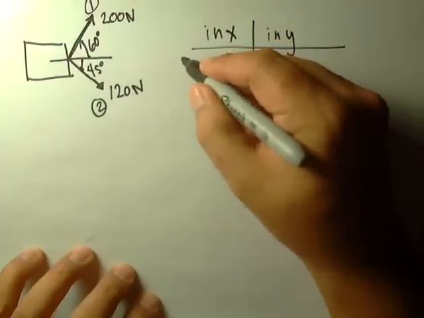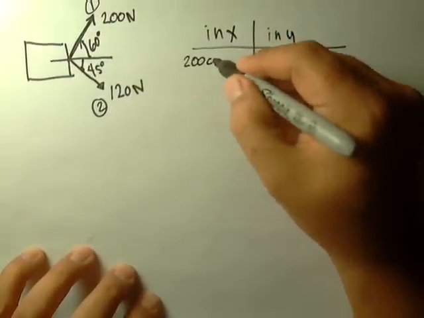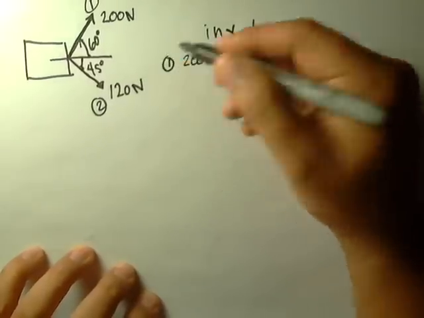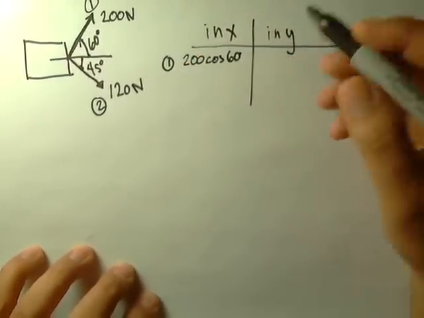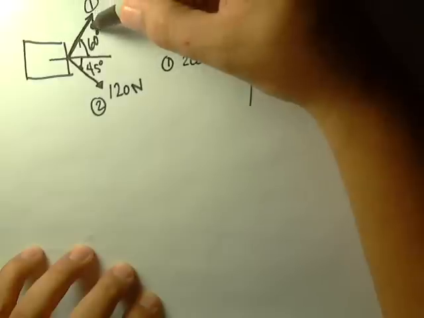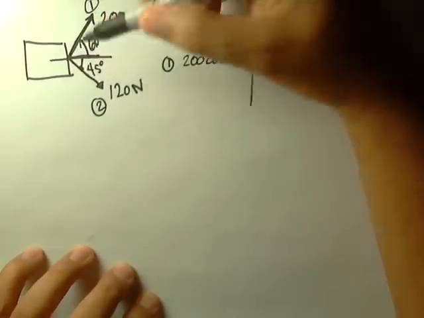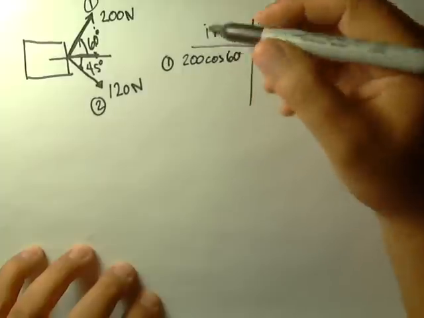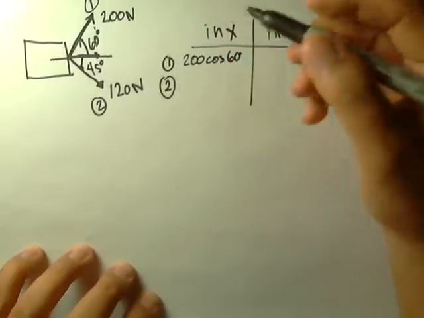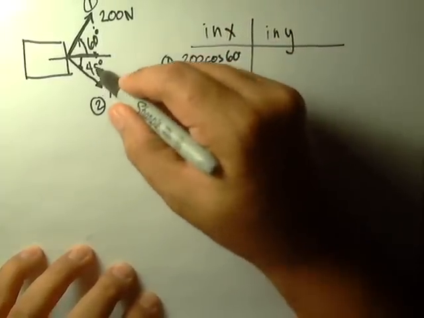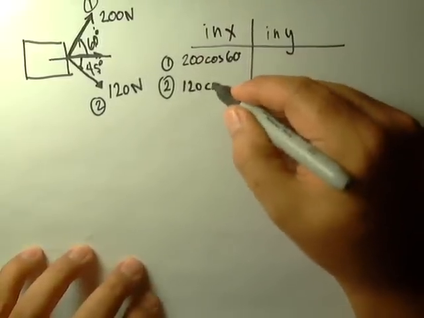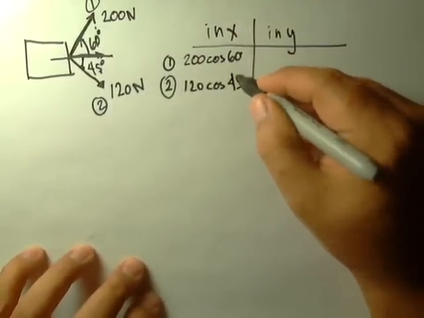So here we go. We have 200 cosine of 60. That's for 1, right? That is the component of this one, the component here. Now the component in X for 2, same thing. We will have 120 cosine of 45 degrees.